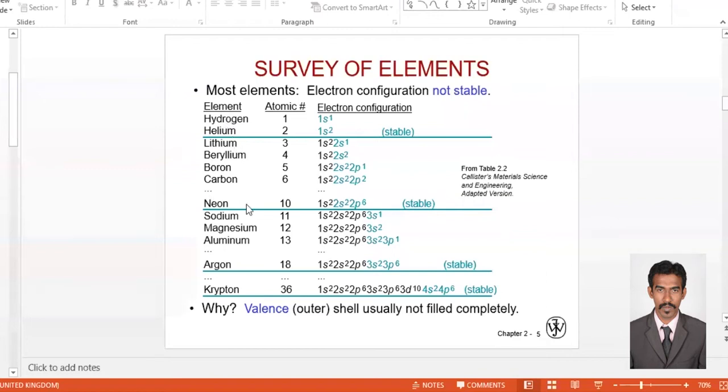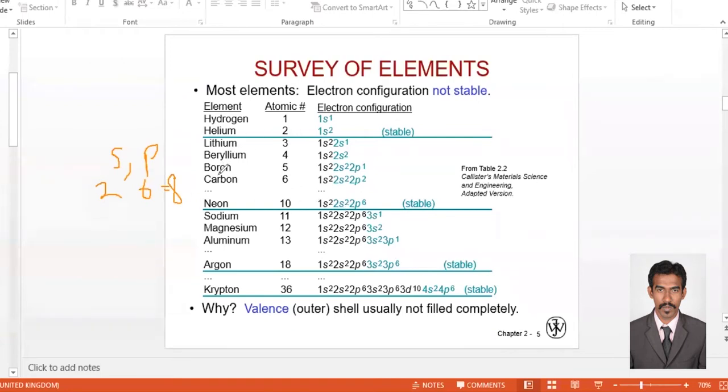So in the first orbit, we can have a maximum of 2 electrons. Then we go to the next orbit. I told you, if it is the second orbit, then that is S and P. In S, you know 2 electrons. In P, I told you 6 electrons. So 6 plus 2 is 8. So the maximum in the second orbit is 8 electrons.